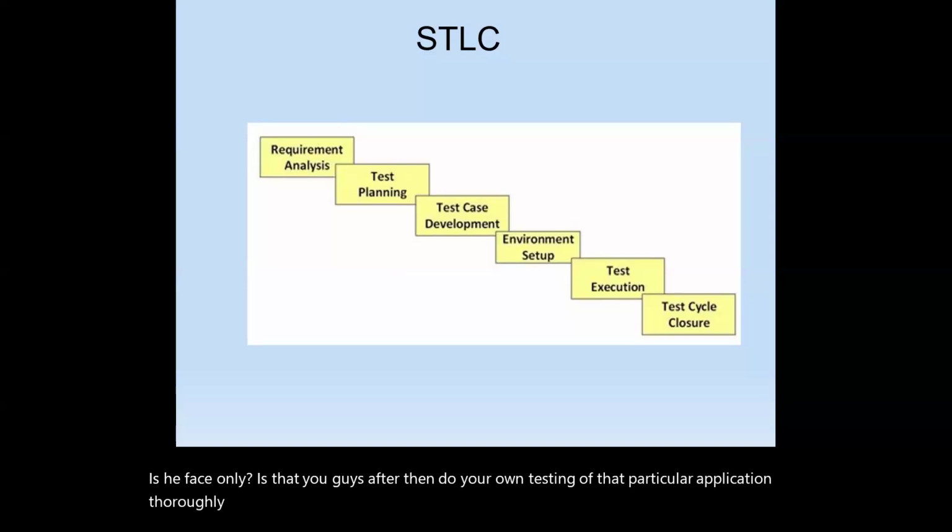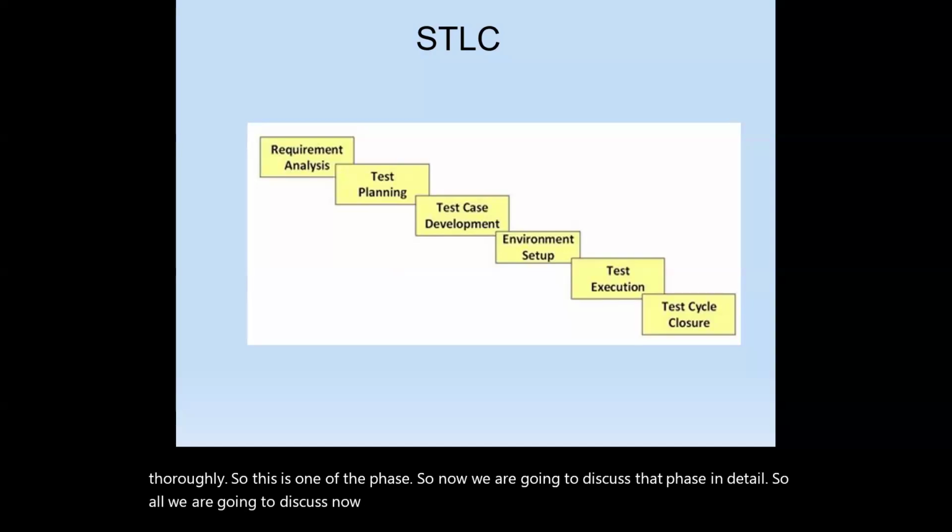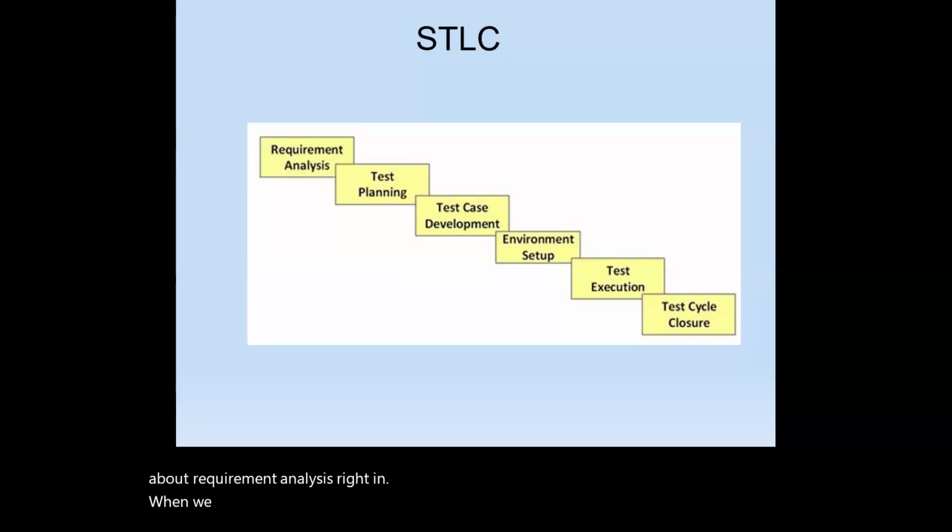So now we are going to discuss that phase in detail. We come from STLC, the software testing life cycle. We discussed requirement analysis, right, when we were talking about SDLC.